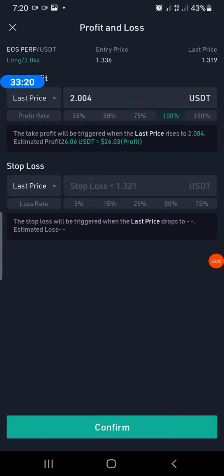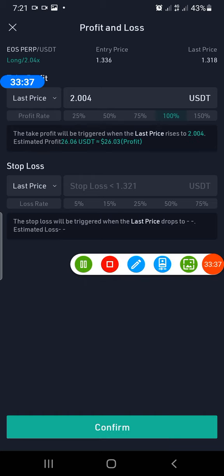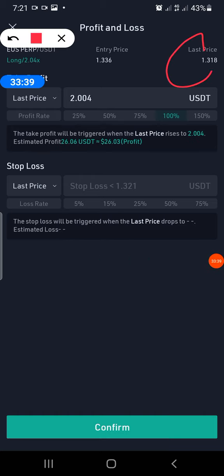As you can see, at 100%, I'm earning the same amount I invested or staked with. Now, what does it mean at 0.00 USD? It means that this last price, or the current market price, has to be trading at the rate of 2.004 USDT. Then it means that you have made 100% of your capital.